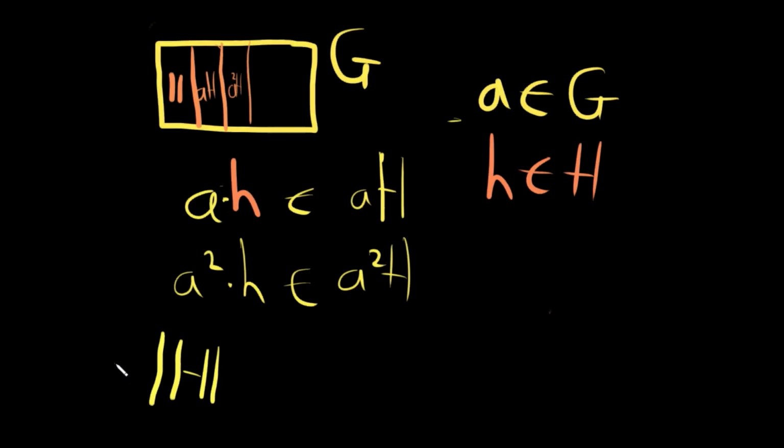So let's say there are n such partitions, so n, the number of partitions, times the number of elements in each partition will be equal to the total number of elements in the group. In other words, the number of elements in the subgroup divides the number of elements in the group, and that concludes the proof of Lagrange's theorem.